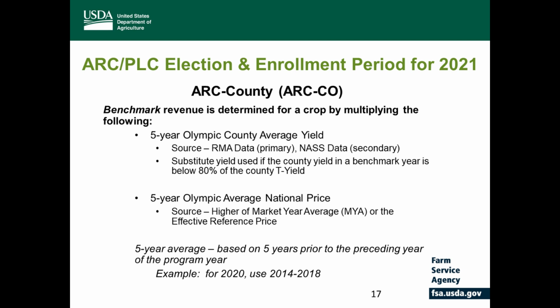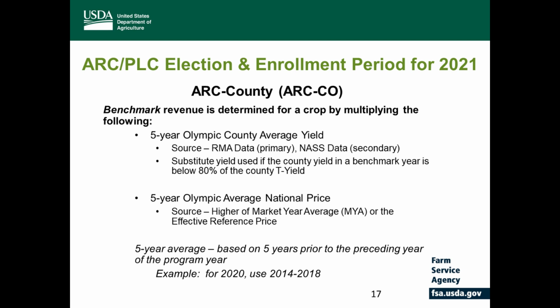For ARC County, the benchmark revenue is determined for a crop by multiplying the 5-year Olympic county average yield by the 5-year Olympic average national price. The 5-year average is based on the 5 years prior to the preceding year of the program year.